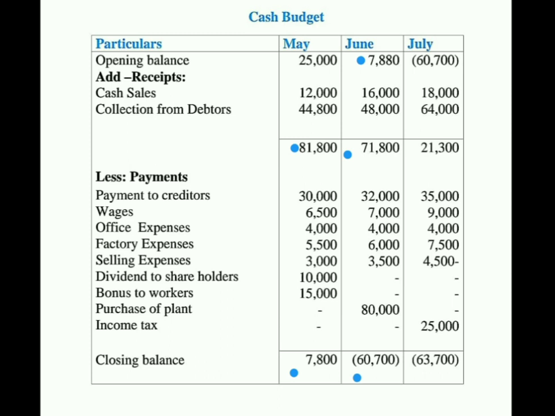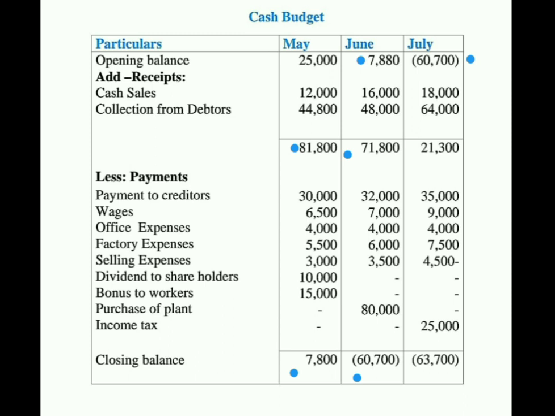So that is why there is a negative balance, that is 60,700. So 60,700 is a minus balance, that is an unfavorable balance, or deficit. That is the reason it was shown in brackets. So it will become the opening balance of July, that is 60,700 minus.